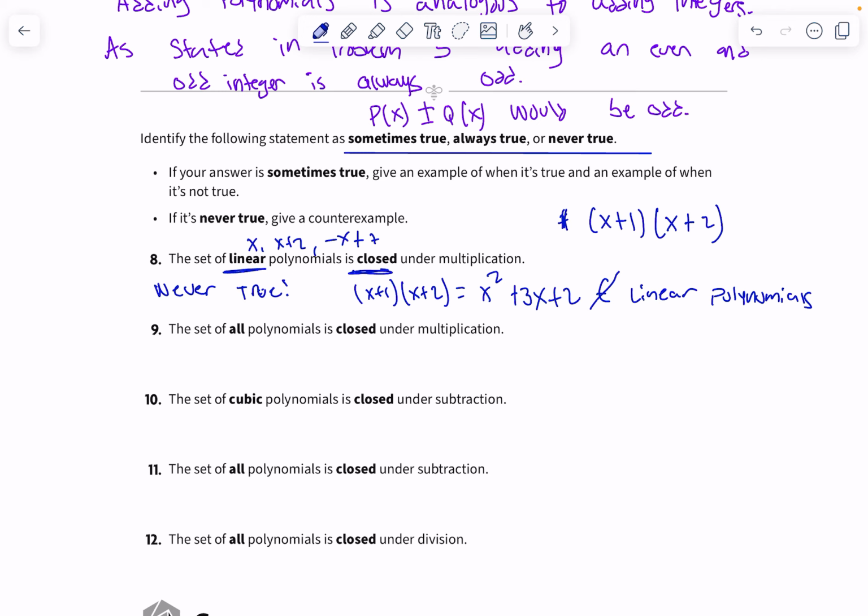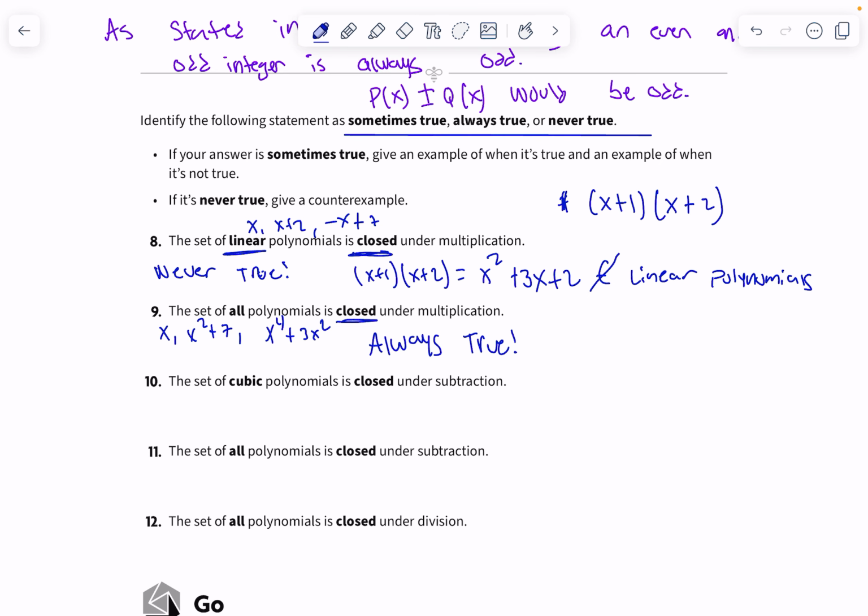Okay. The set of all polynomials. So all polynomials, think about this as x squared plus 7 million. What other polynomials do we know and love? Like x to the fourth plus 3x squared, right? Okay. They're all closed under multiplication. This is always true, right? Because I'm multiplying two polynomials.